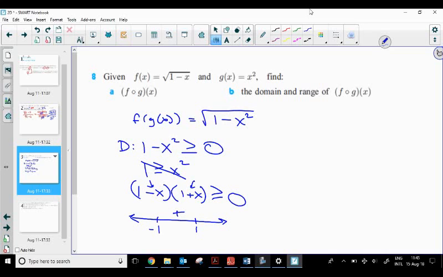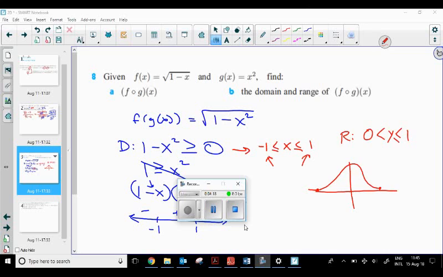If x was bigger than 1, say 2, I will have a negative times a positive, which is a negative. And likewise, if x is less than -1, I'll also have a negative value. So where is this greater than or equal to 0? Well, only in between and including -1 and +1.